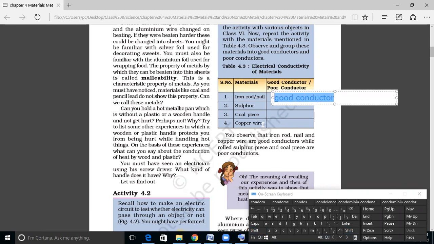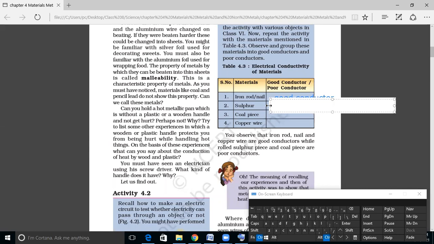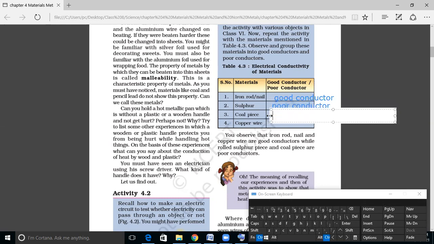Then we have sulfur. Sulfur is a poor conductor of electricity. So we can write poor conductor. Then even the piece of coal is a poor conductor of electricity.